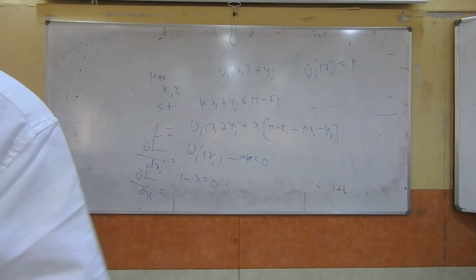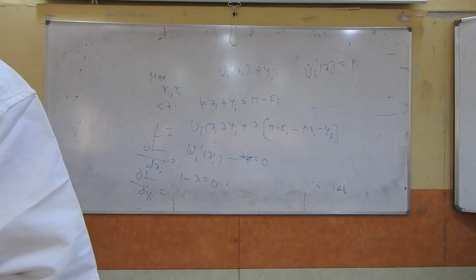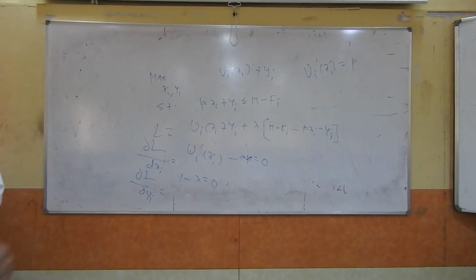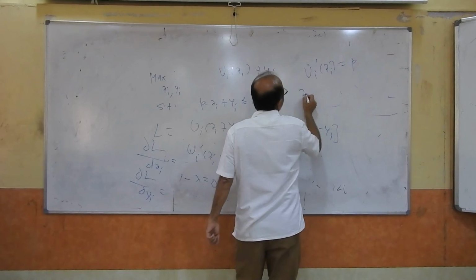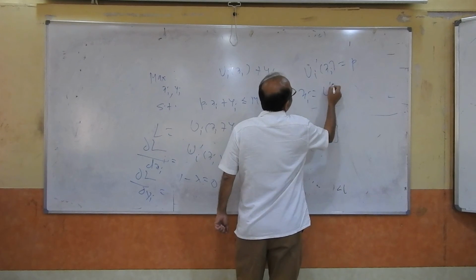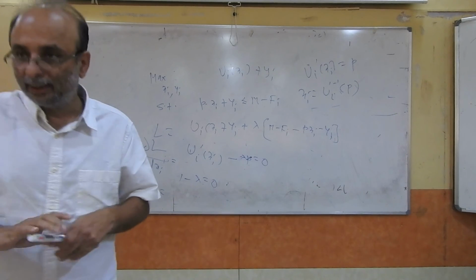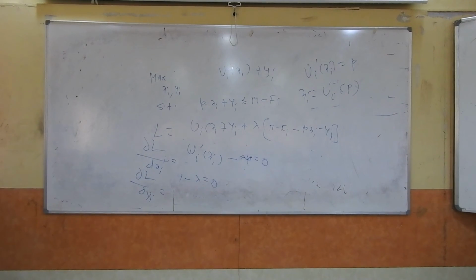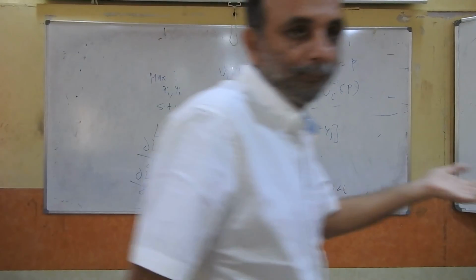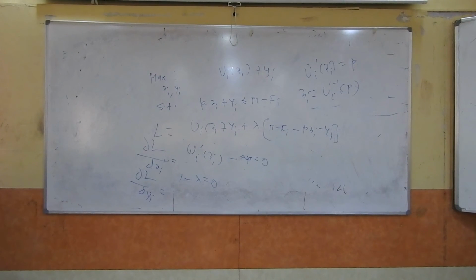So we can write xi as ui dash inverse of p, because we are saying that the marginal utility of x is equal to p. So the higher the p, the higher should be the marginal utility of x, which means the lower must be the consumption of x. So for every p you can find a corresponding x.